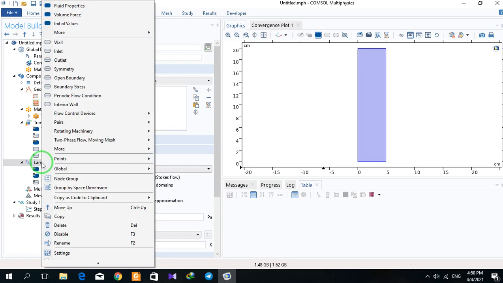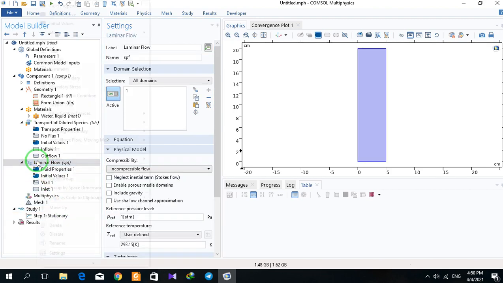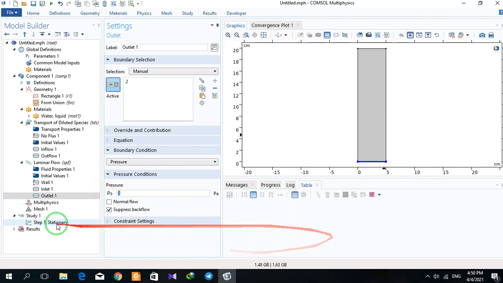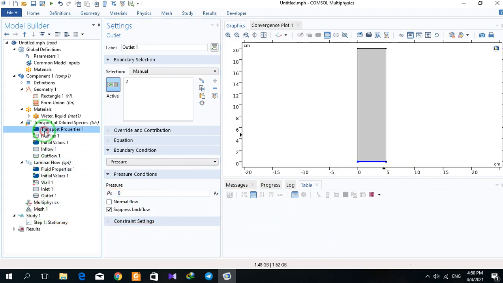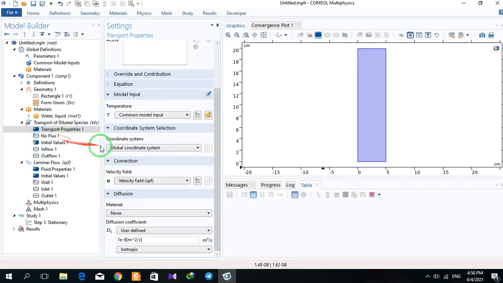So for laminar flow, I select an inlet. I define 0.001 for inlet flow, and for the outflow or outlet, the pressure would be 0. I couple velocity profile with mass transfer because we have two kinds of mechanism for mass transfer.